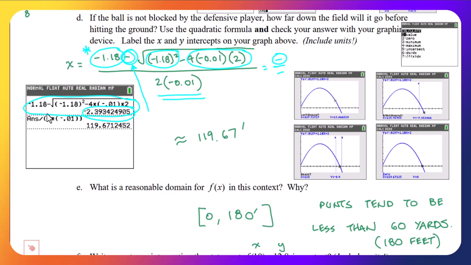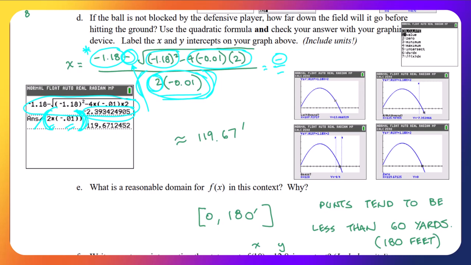Then if you press the division key, the answer will automatically show up, but you want to make sure the whole 2a is under the fraction. So to do that, you have to put a parenthesis around the 2 and the a. If you don't, you'll only divide by the 2 and then multiply the whole thing later by the negative 0.01, which is wrong. So you need to package the 2a in the formula.